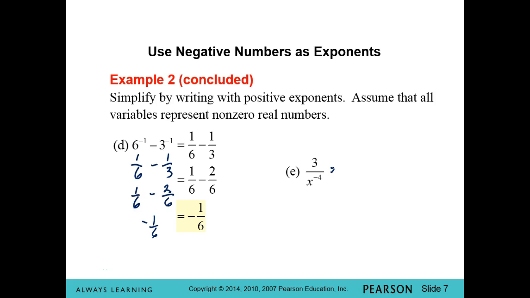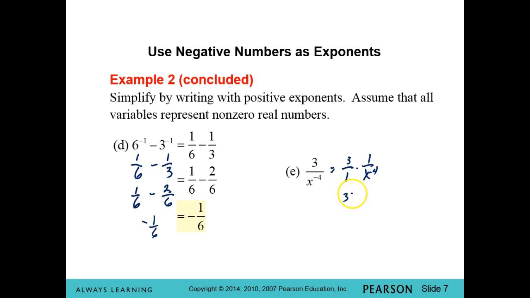Okay, you could write it that way if I'm hearing you right: 3 over 1 times 1 over x to the minus 4. Is that what you were saying? Okay. But that is true. So 3 over 1 is still 3. And what is 1 over x to the minus 4?